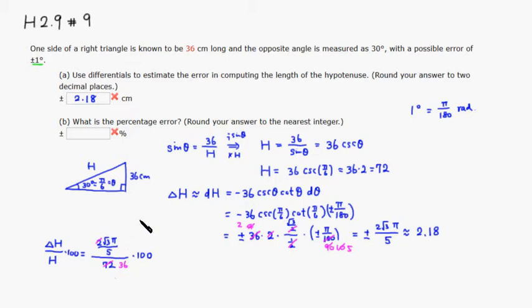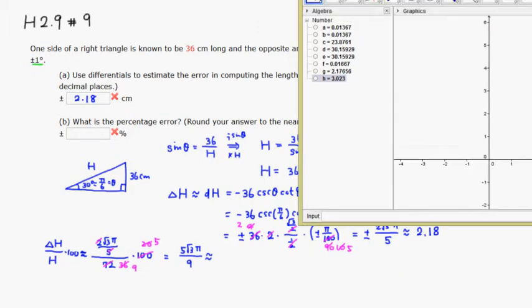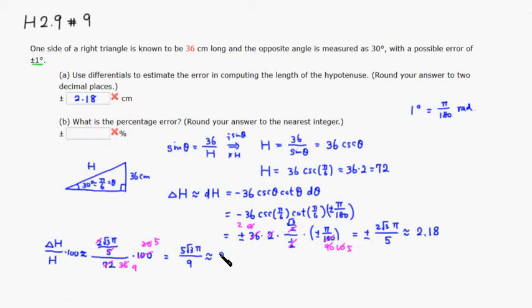Then 5 and 100, so it's 20 on top. Divide by 4, 9 divided by 4, 5. This is actually an approximation. So this is going to be 5 square root of 3 pi over 9. Let's get this value. It came out about 3, so it's about plus or minus 3%.